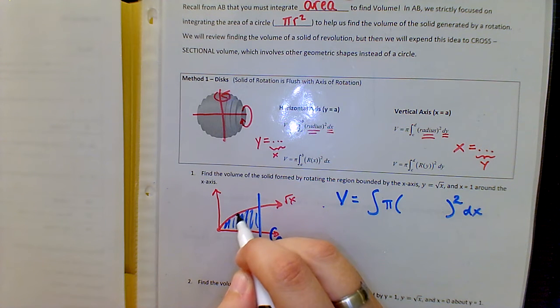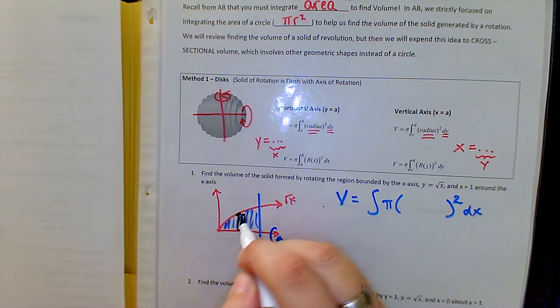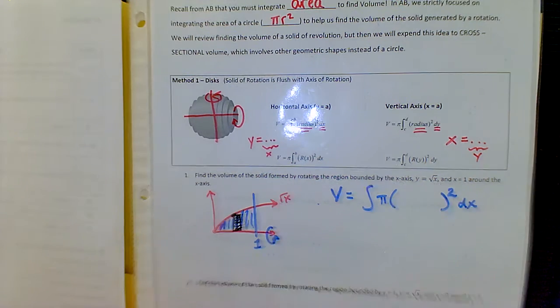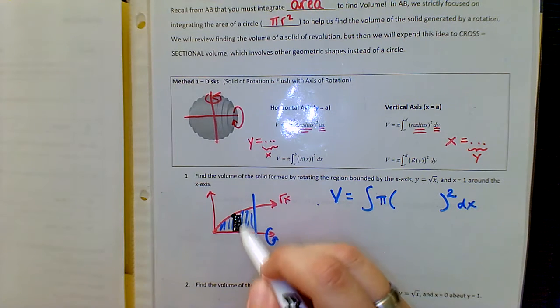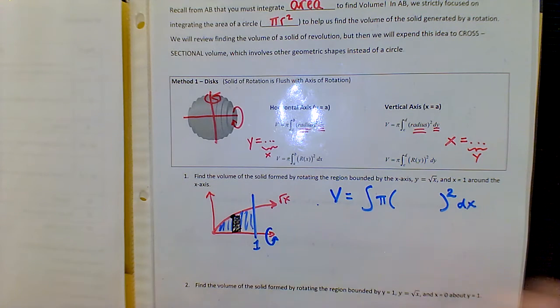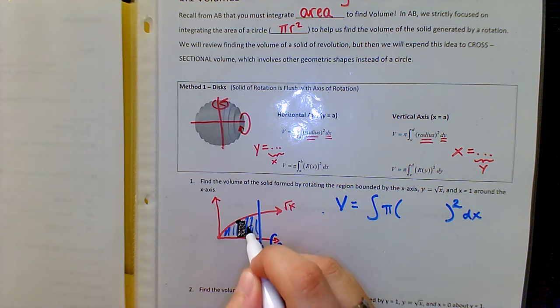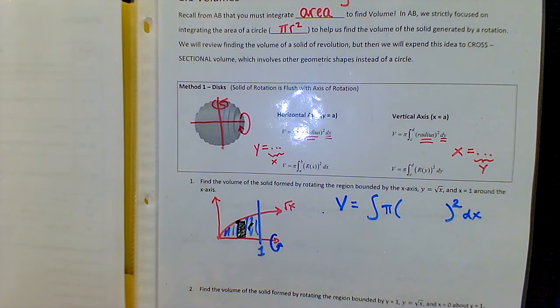If you were to draw a rectangle from your graph down to that x-axis, I don't care if it's left endpoint, right endpoint, or whatever, this rectangle is representing the radius, the length of that circle. Because if you were to take this rectangle and rotate it around that x-axis, it would form some type of disc, like a solid frisbee type shape, okay? So this distance is representing our radius.